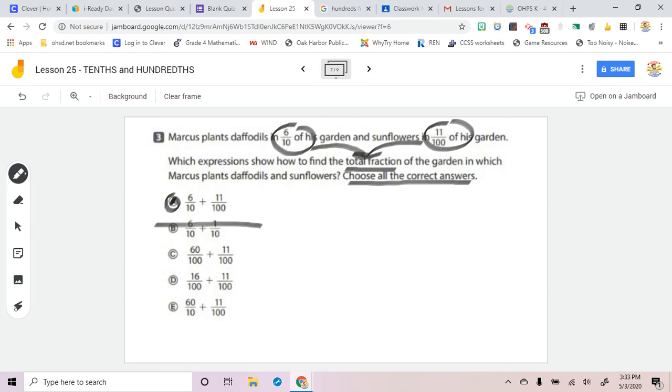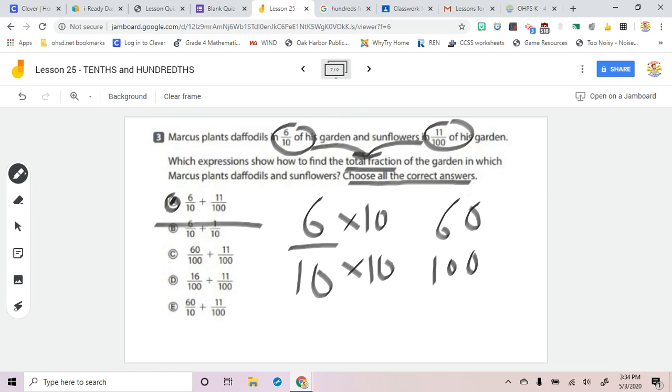60/100 plus 11/100. Is 6/10 the same as 60/100? Let's check. 6/10. To make it into 100, then I times the top and bottom by 10, because 10 times 10 is 100, and 6 times 10 is 60. 60/100. So 60/100 plus 11/100. Yeah, C works. D, 16/100.